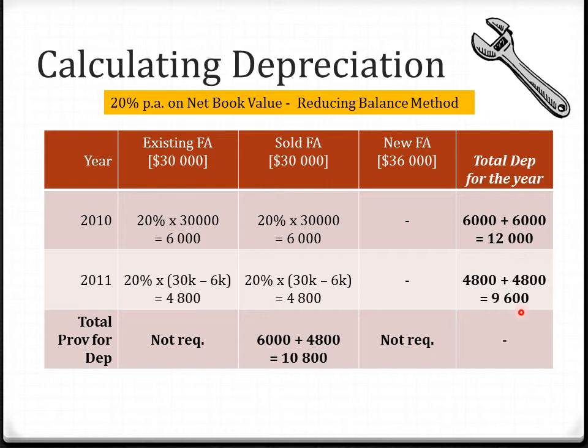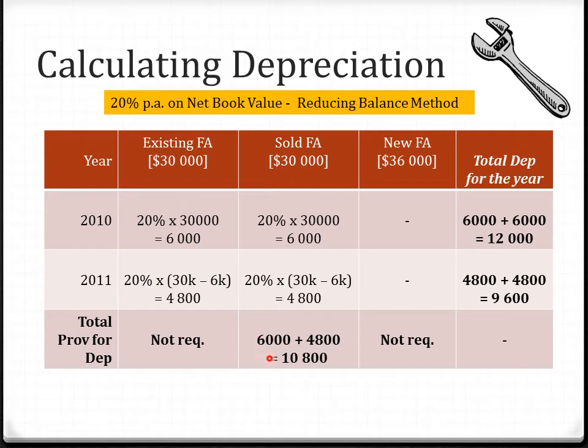These two are important, okay, because you need to prepare your provision for depreciation account in part B. In order to do that, you need to know your depreciation charges for each year. So you have already found it here. Next, another very important figure is the one that you are going to sell.